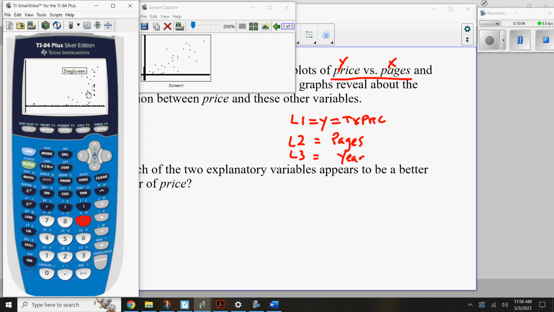So I would say that pages is going to be a better explanatory variable for price than year. In a minute, we'll find another way to measure that as well.